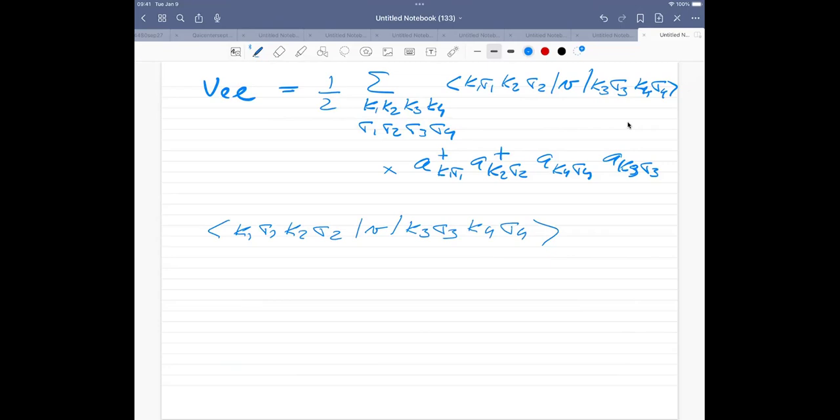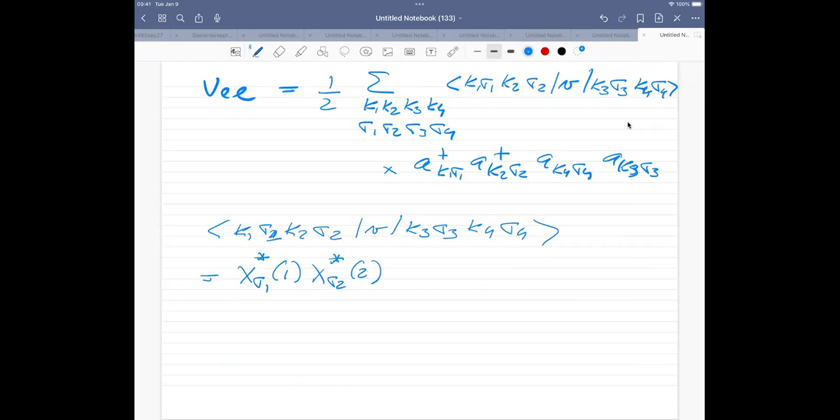Now, if we look at this one, this translates into integrals and spin terms. So for k1 sigma 1, when we write it out, there's going to be a spinor, which I just write as sigma 1 here, complex conjugate, particle 1. There is going to be a spinor for particle 2 here.